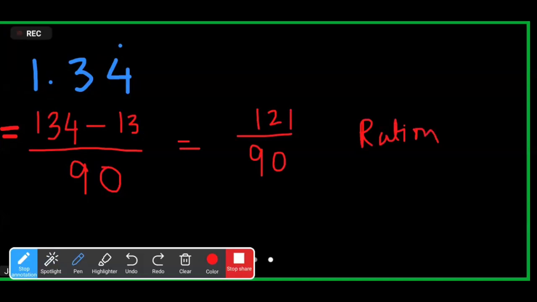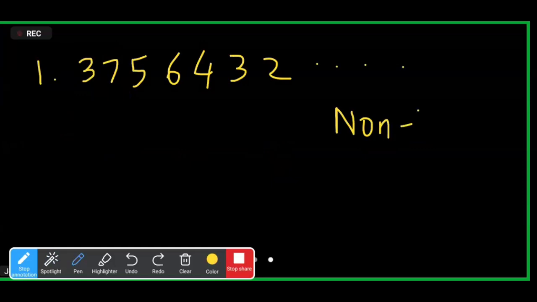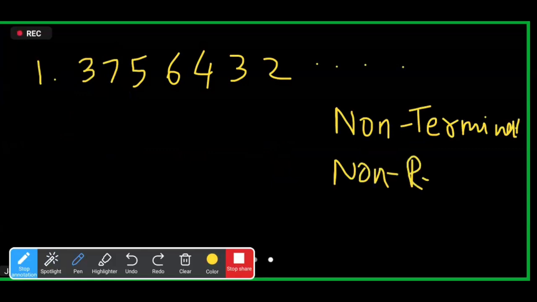But if you have any non-terminating and non-recurring decimal number, suppose something like 1.3756432 dot dot dot, where you don't have any pattern. This is a non-terminating decimal number, and at the same time it is non-recurring. Why non-recurring?